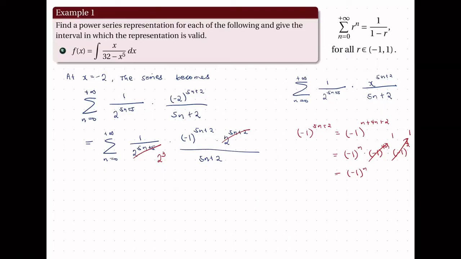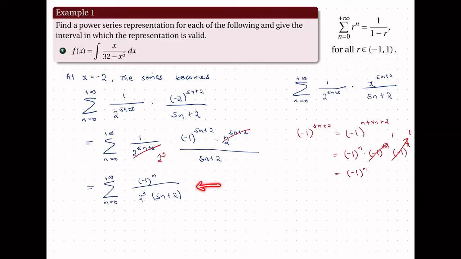Therefore, we can write our series as the summation from n equals 0 to positive infinity of -1 raised to n over 2 cubed times 5n plus 2. Okay? And we know that this is an alternating series, right?